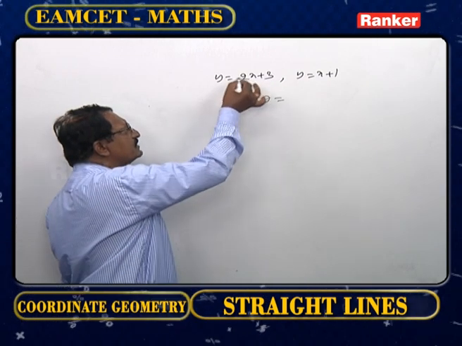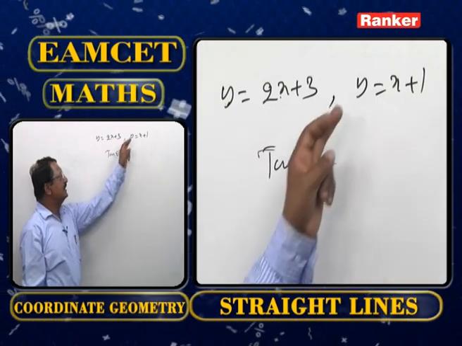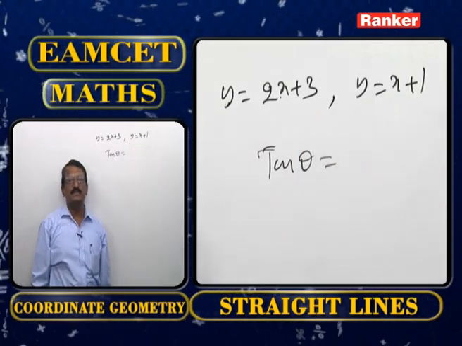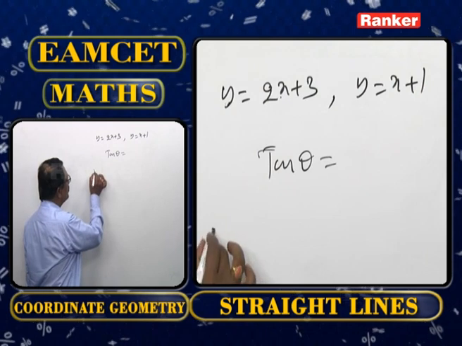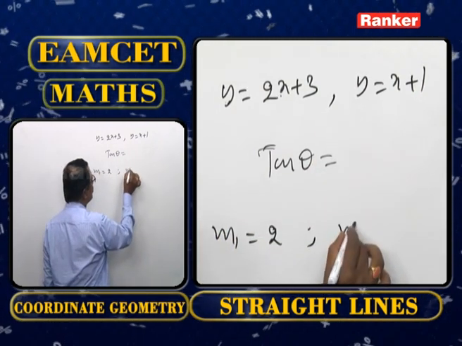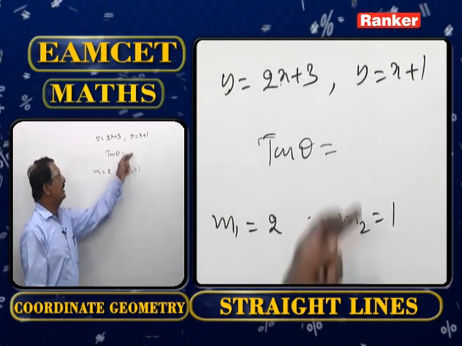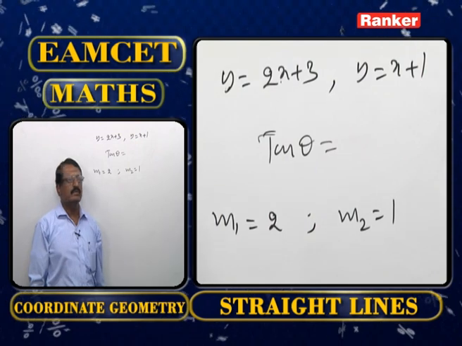Now, the first line is in the form of y equals mx plus c, the second is also in the form of y equals mx plus c. Now, slope of the first line m1 equals 2, slope of the second line m2 equals 1.